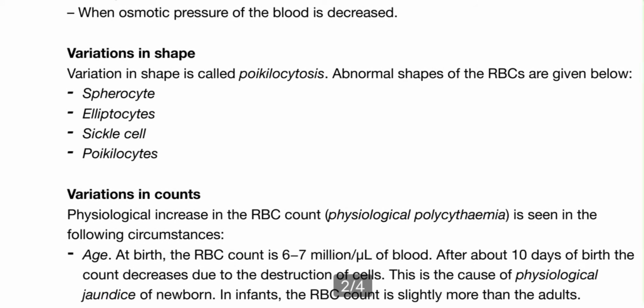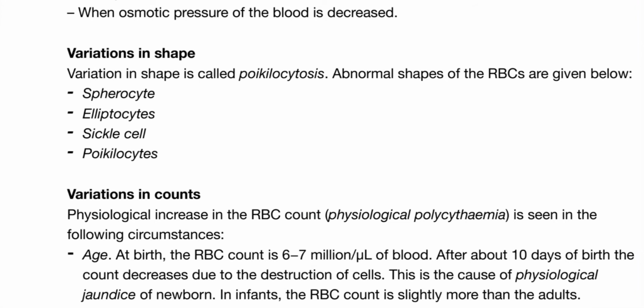Now, variations in shape. Variation in shape is called poikilocytosis. Abnormal shapes of RBCs are spherocyte, elliptocyte, sickle cell, and poikilocyte. Spherocyte means the shape becomes spherical instead of biconcave.